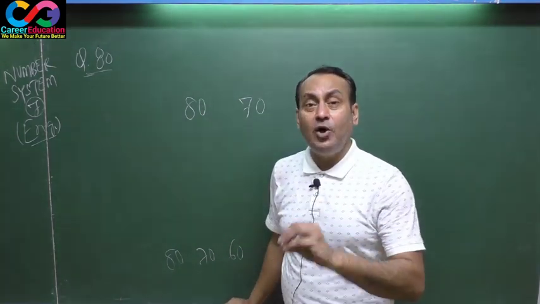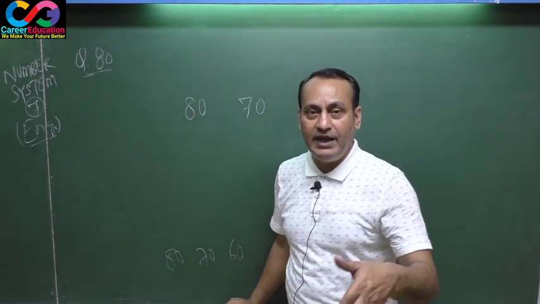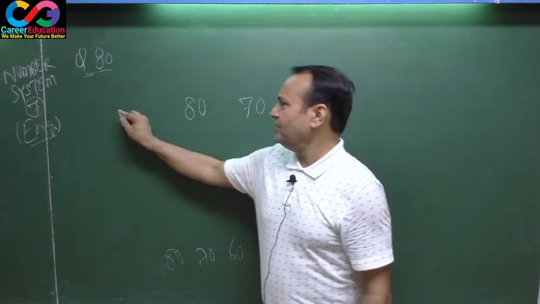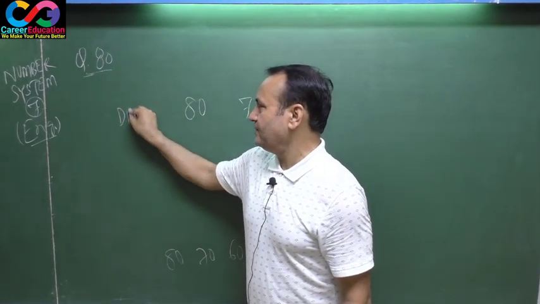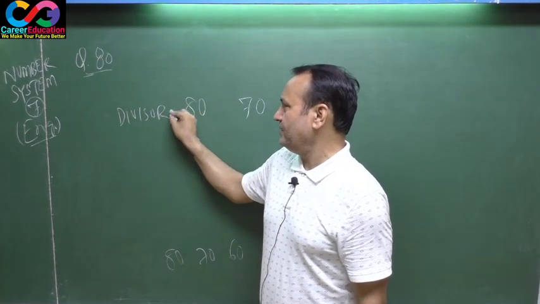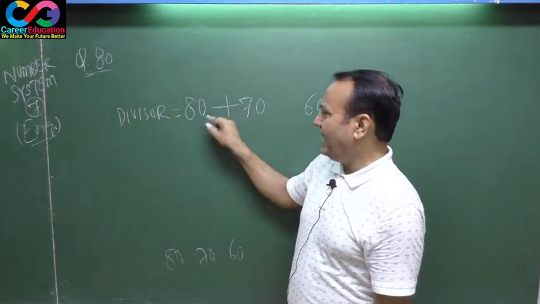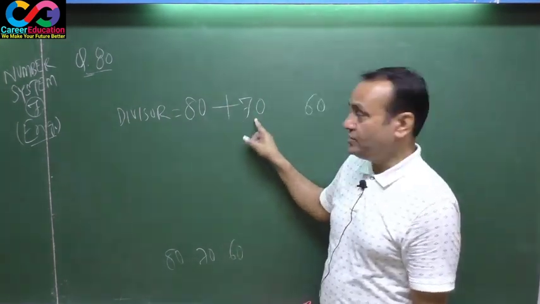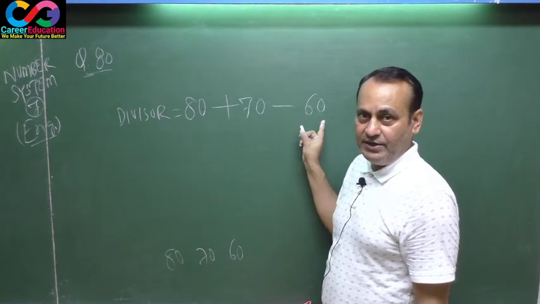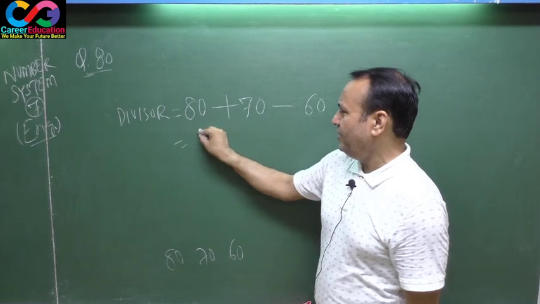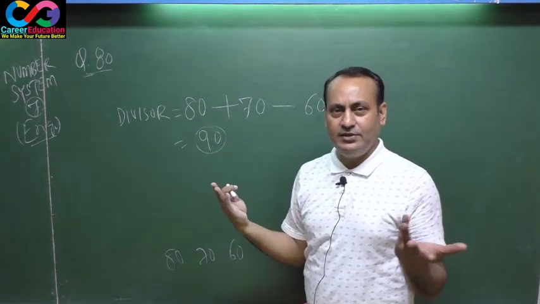And if the sum of the numbers is divided by x, the remainder is 60. Find out the divisor. In such a case, you have to add these remainders and subtract this remainder. That means here 10, 80, 90. This is your answer. Thus you got the answer.